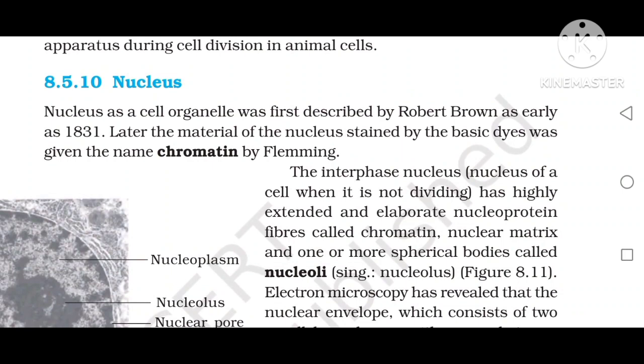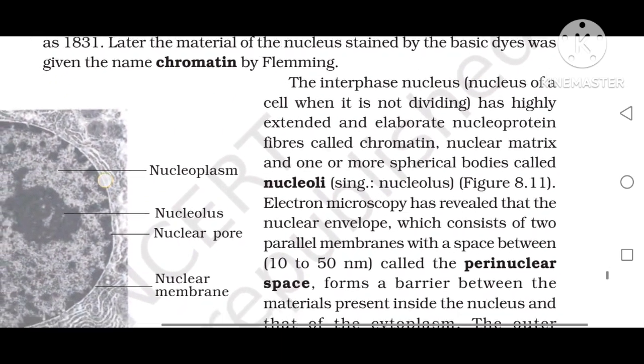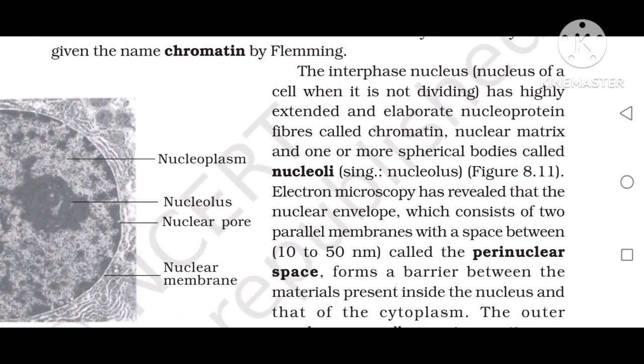Nucleus. The nucleus as a cell organelle was first described by Robert Brown as early as 1831. Later, the material of the nucleus stained by basic dyes was given the name chromatin by Fleming. The interphase nucleus of a cell, when it is not dividing, has highly extended and elaborate nucleoprotein fibers called chromatin, nuclear matrix, and one or more spherical bodies called nucleoli.